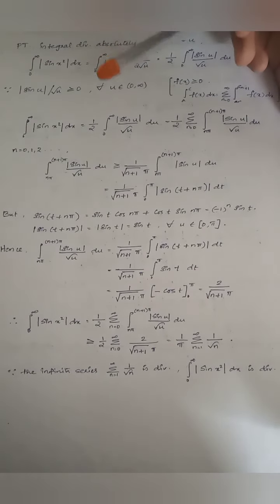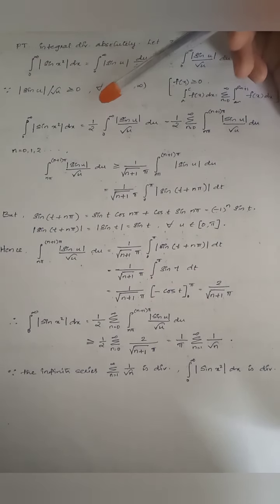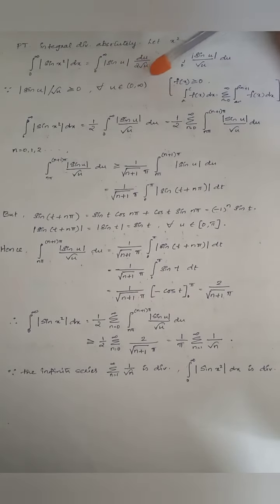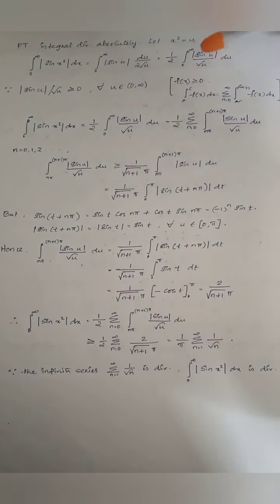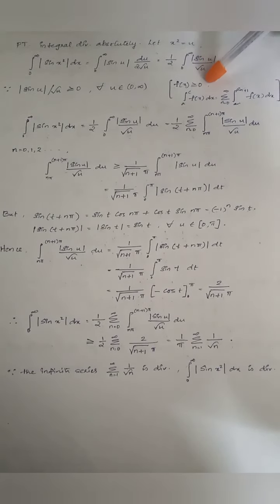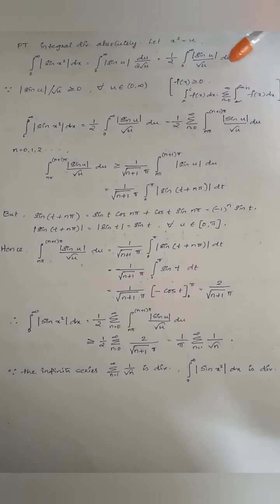Since |sin u|/√u is greater than or equal to 0 for all u in 0 to infinity, we are going to apply a lemma: for f(x) greater than or equal to 0 on an interval a to c, the integral from a to c of f(x) dx is equal to the sum over n from 0 to infinity of the integral from aₙ to aₙ₊₁ of f(x) dx.